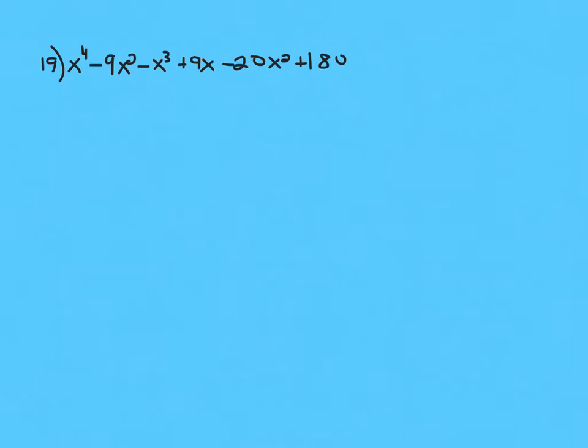All right, so let's group the first 2, the next 2, and the last 2. So out of the first 2 terms, we can factor out an x squared, which leaves us with x squared minus 9. Okay, out of the next 2, you have to decide whether you want to factor out a positive x or a negative x.